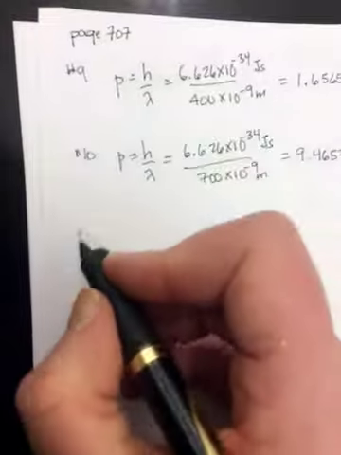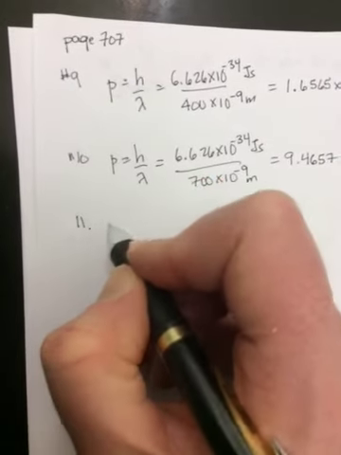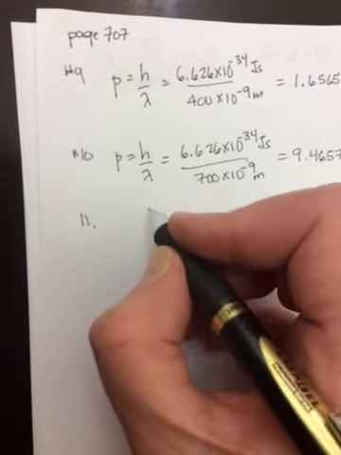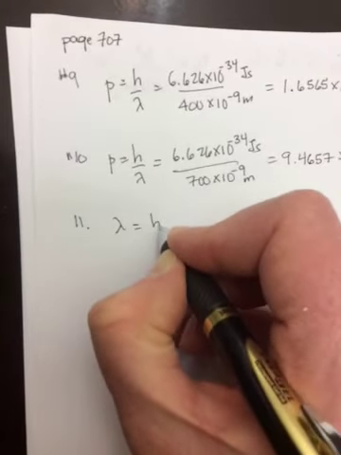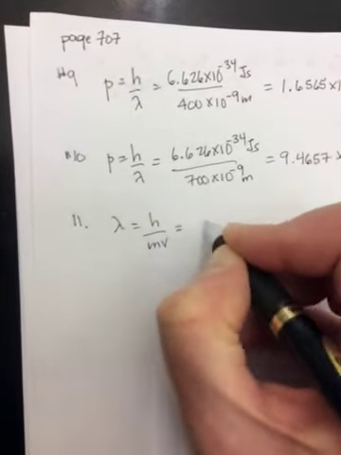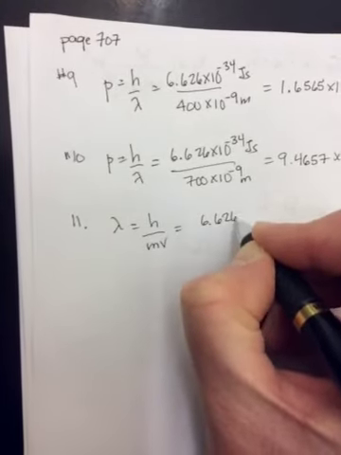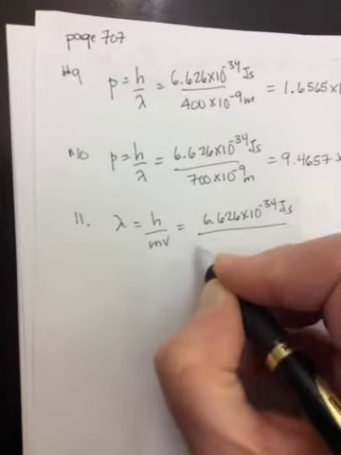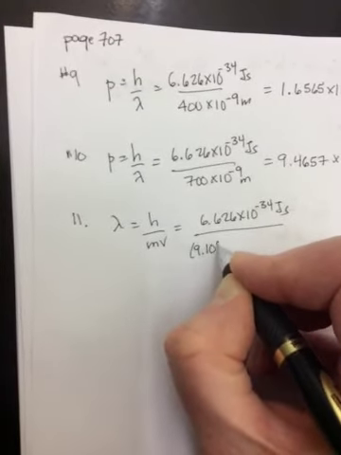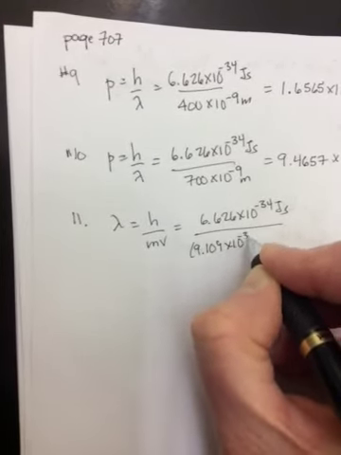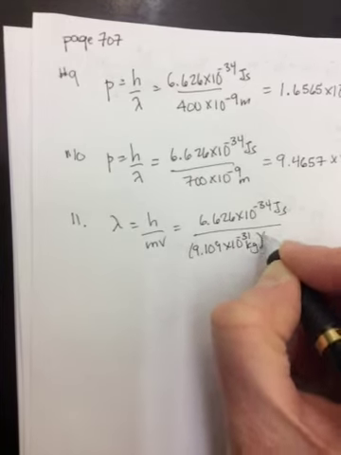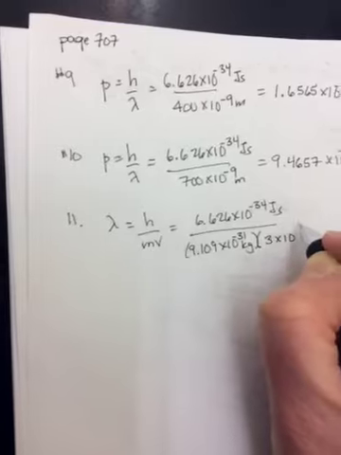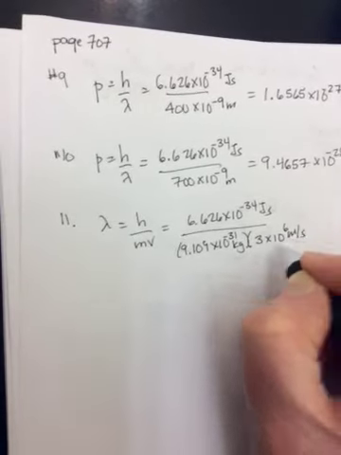Number 11. What is the wavelength associated with an electron moving at 3 times 10 to the 6? So this is de Broglie's wavelength, h over mv. So 6.626 times 10 to the negative 34 joule seconds divided by 9.109 times 10 to the negative 31 kilograms times 3 times 10 to the 6th meters per second.